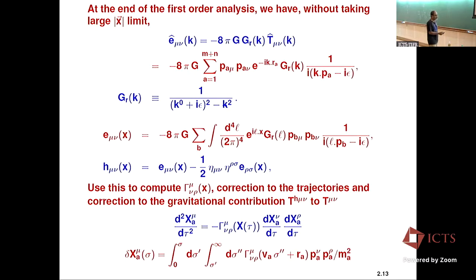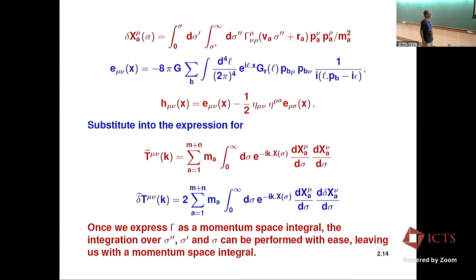So the idea is that we will express this gamma in terms of E, right? And E is given by this to first order, and we calculate how much is the change in the trajectory, because that in turn will determine how much is the change in T_X, because T_X depends on the trajectory x. Okay, so here is delta x, E mu nu, you know what it is.